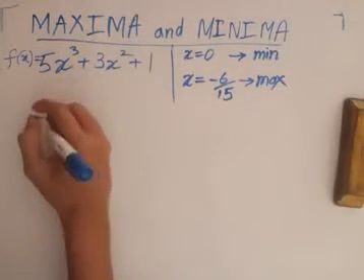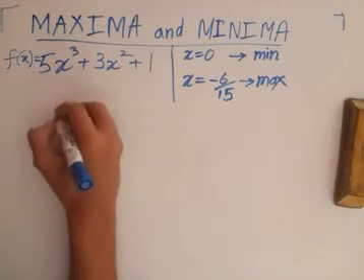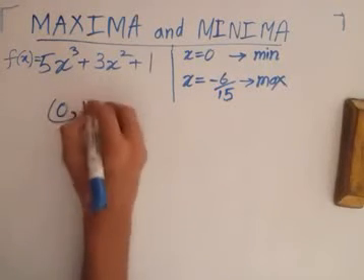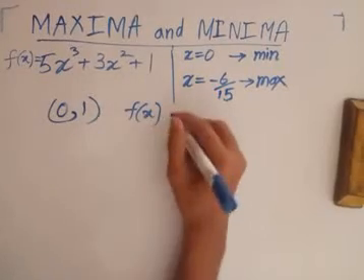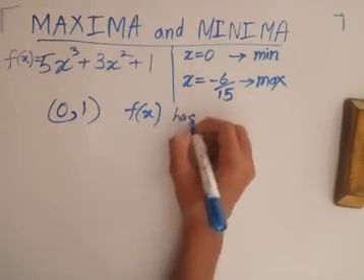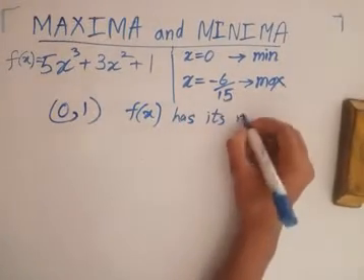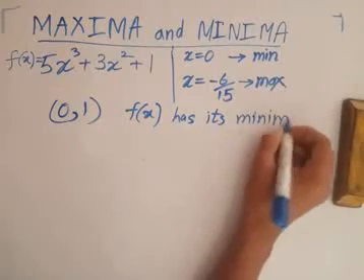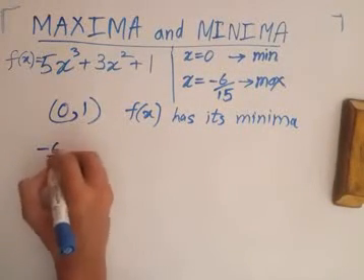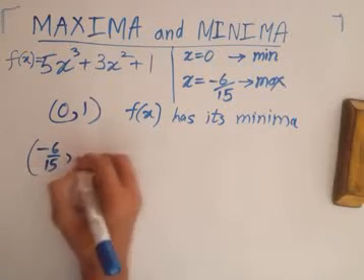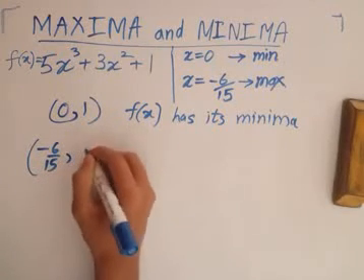And so altogether what we have is that at the point 0, 1, this function f of x has its minima, and at the point minus 6 by 15, comma, and whatever was the value of that expression.